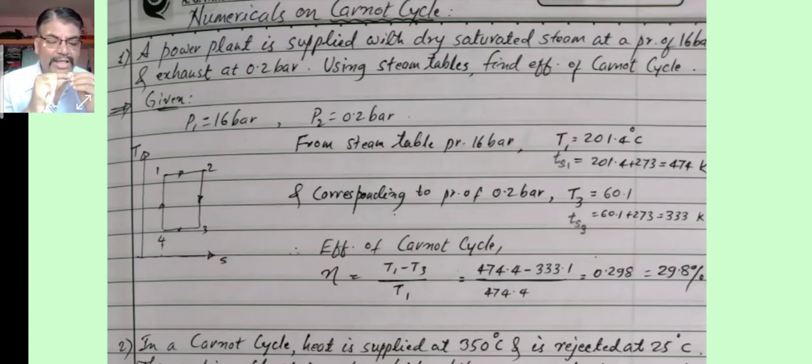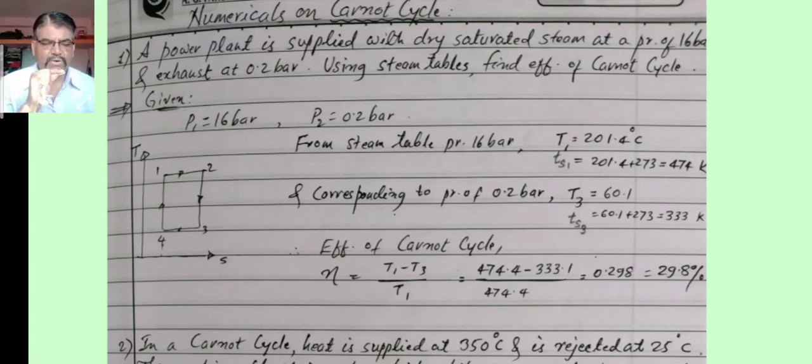So from the pressure based steam table, for 16 bar the temperature is 201.4 degrees Celsius, but we have to convert it into Kelvin, so plus 273, that gives you the absolute unit of temperature, that is in K. Likewise, corresponding to pressure P2 of 0.2 bar, from the steam table you can get that T3 is equal to 60.1 plus 273, that is 333 K.